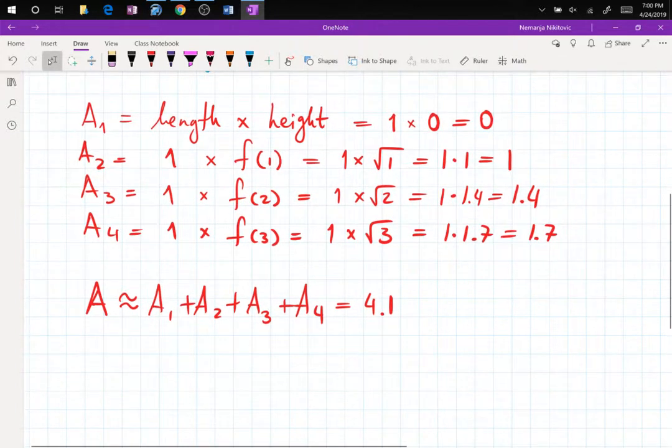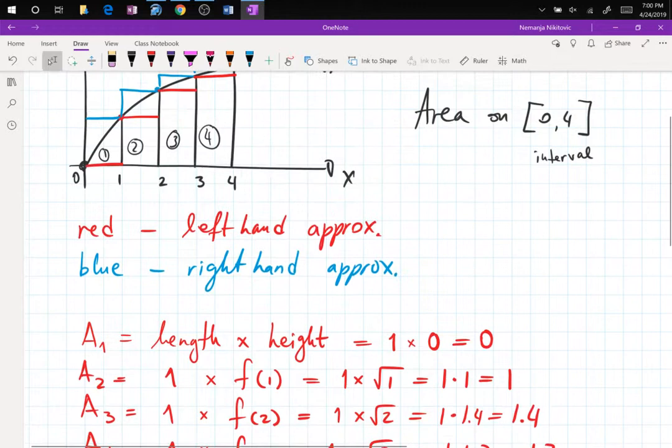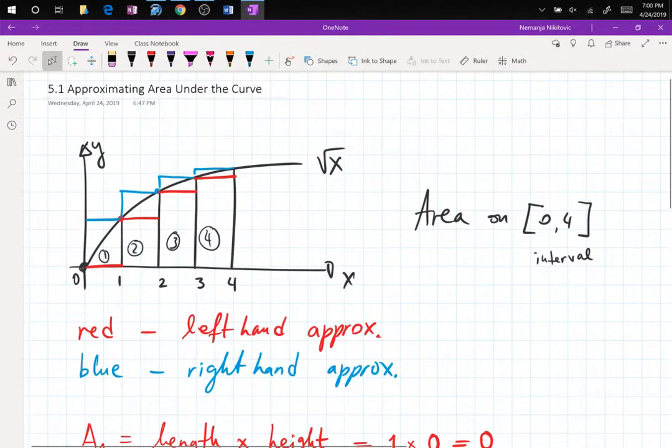So A1 is going to be 1 on the length times square root of 1, which is 1. So 1 times square root of 1, so length times the height. Look at the height of your blue rectangle. Do we all agree that you are calculating the height at 1 to come up with the height of the rectangle?